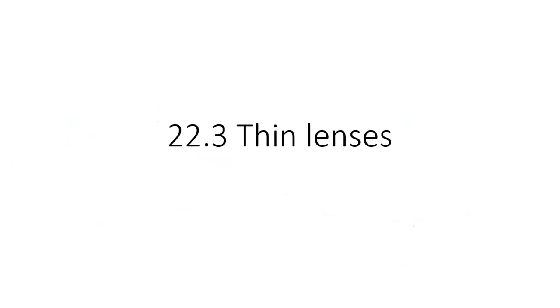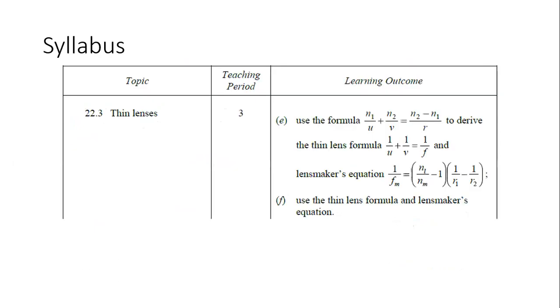Okay, thin lenses. Thin lenses is supposed to be 3 teaching periods. Use this formula to derive this formula, and then the lens maker's equation.